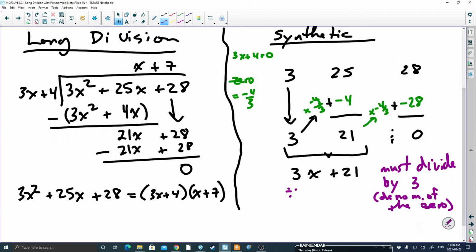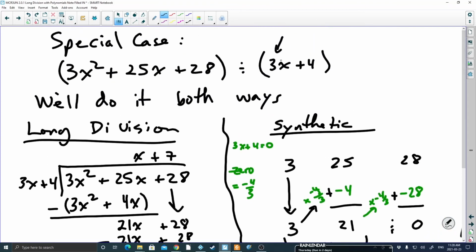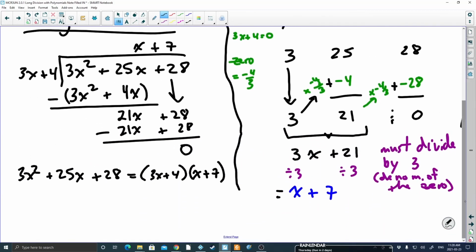So if we divide by 3 here, divide by 3 here, then we're going to get the x plus 7 that we got up here as well. So that's a little bit of a tricky thing that you have to do if you have a divisor that has a number in front of the x. You're going to end up with a fractional 0, and at the very end of your synthetic division, you also have to divide by that denominator in order to get the correct answer for your quotient.